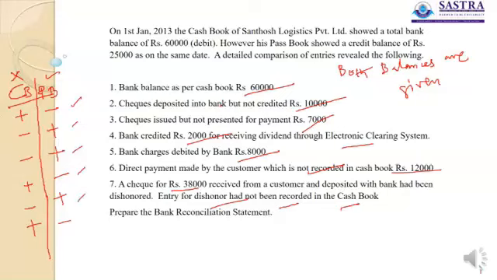So that you will get all the transactions entered into a statement, and you will come to know the difference between the 60,000 debit balance shown in cash book and the credit balance in passbook, 25,000. So 60,000 versus 25,000, whatever the base balance, according to which you take the transaction.